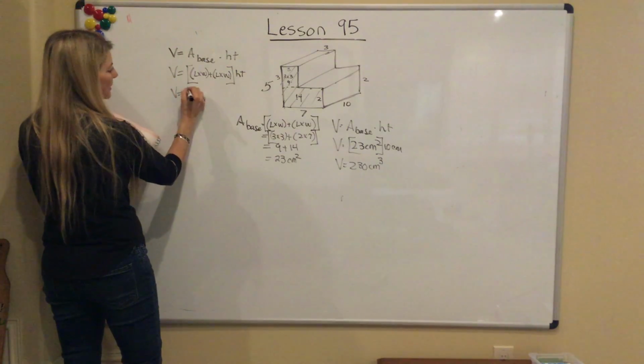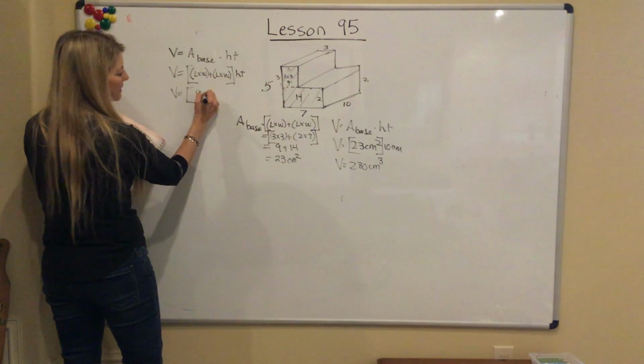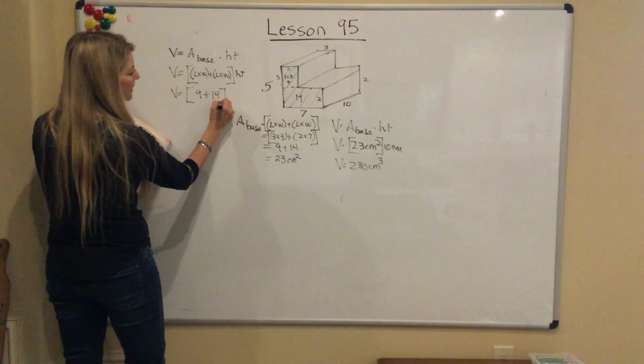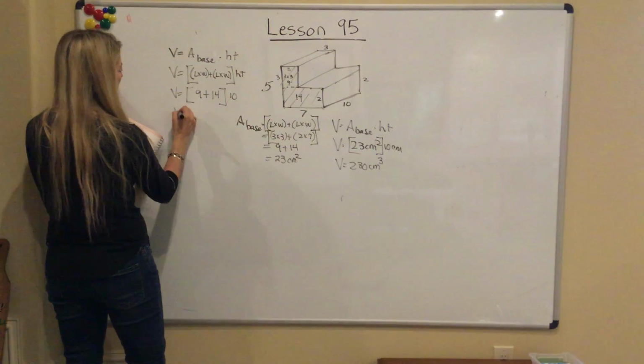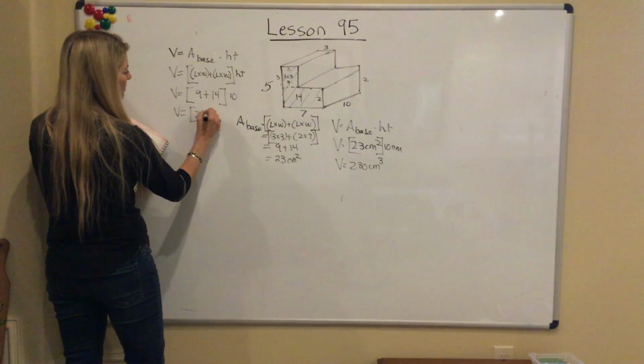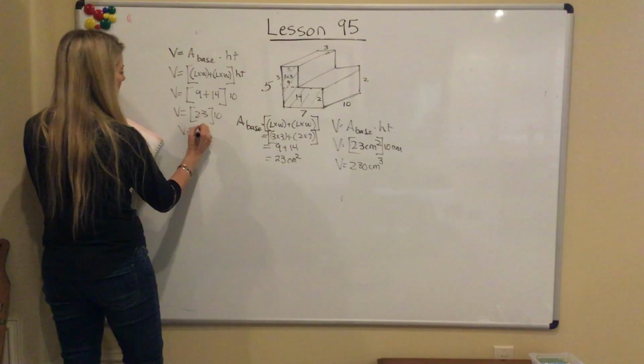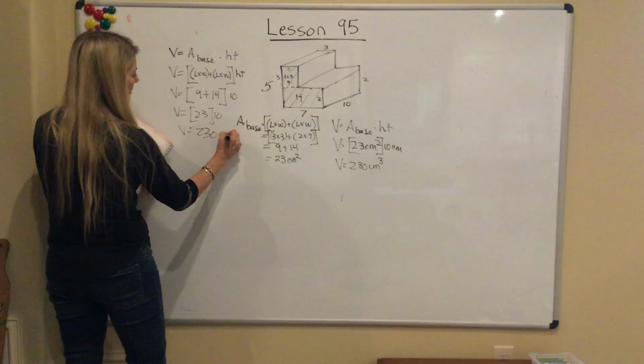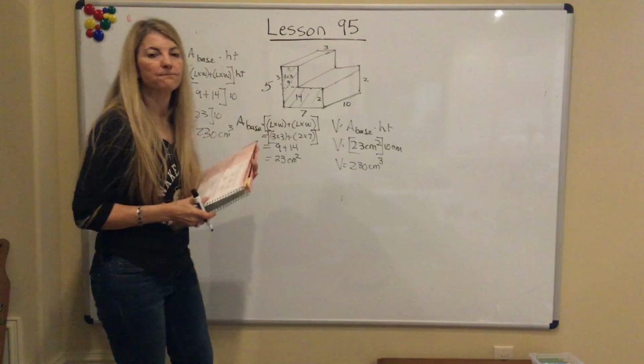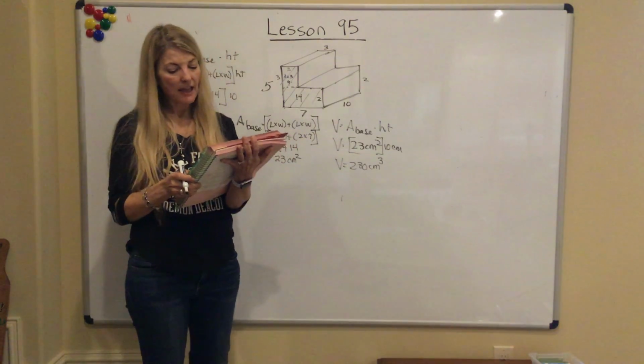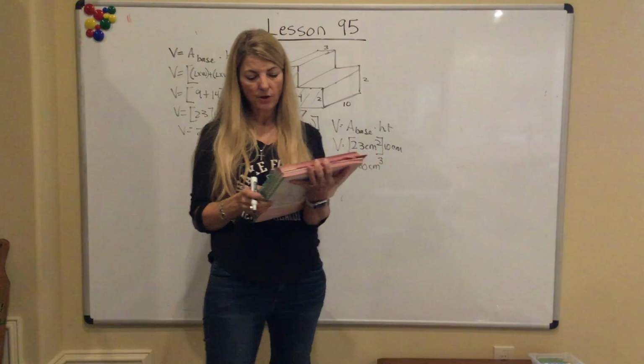So the volume would equal, and you could fill in these numbers, 9 plus 14 times 10. So the volume ended up being 23 times 10, 230 cubic centimeters, okay? All right, and the last one I think you guys can do on your own.